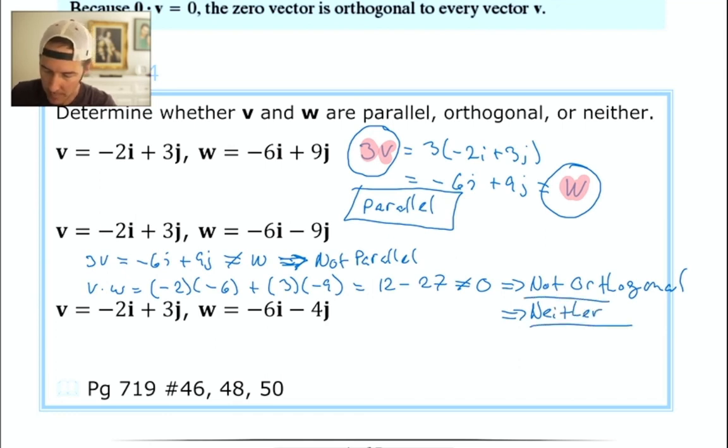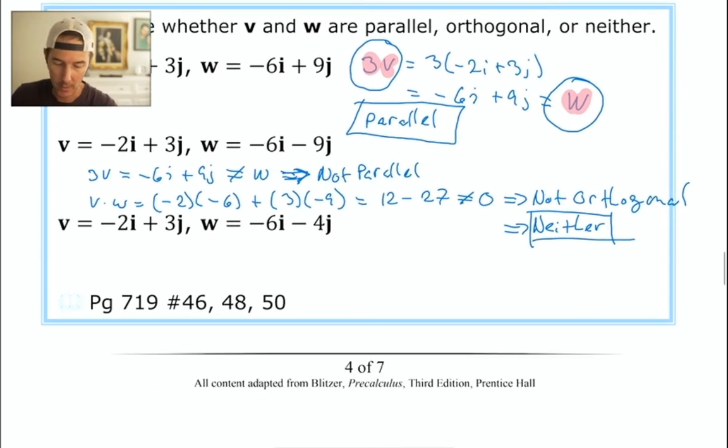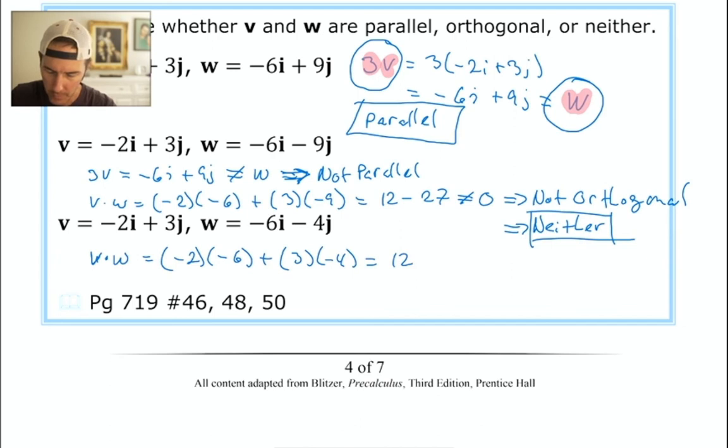Well, since we've gotten a parallel and a neither, my hope is that this last one's going to be very easy and that we can calculate the dot product, get our 0, and keep going. Let's try the dot product right away. v dot w is equal to the product of the i coefficients, that's a -2 times a -6, plus the product of the j components, we have a 3 times a -4, that's equal to +12 plus a -12, which is like subtracting 12, which is equal to 0.